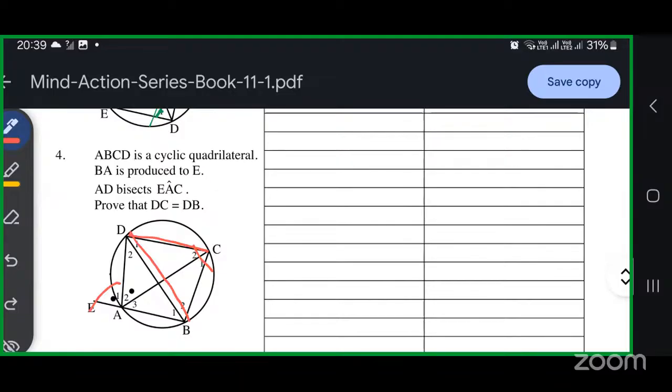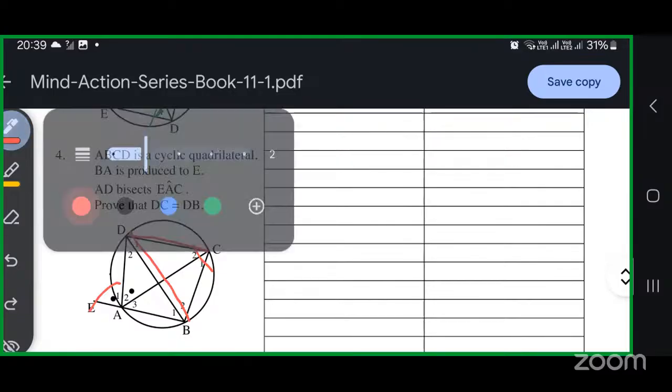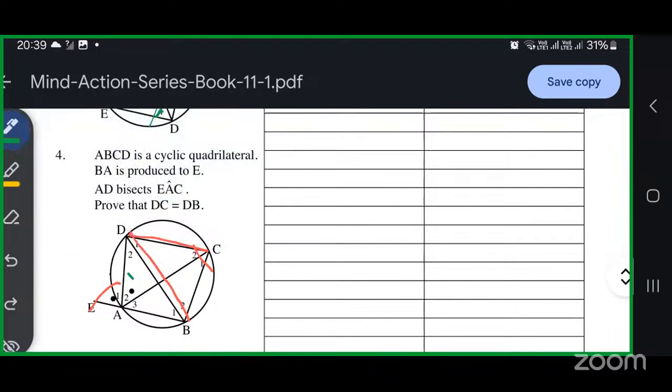And then now, this angle, let me use a different color. This angle is equal to that angle. So let me just use variables here. Because A1 is equal to A2, they are both equal to x. Therefore, this is x here, this is x here.